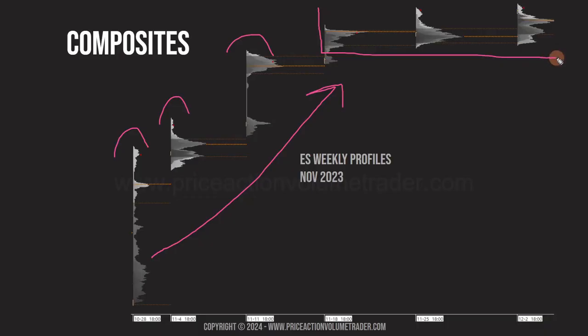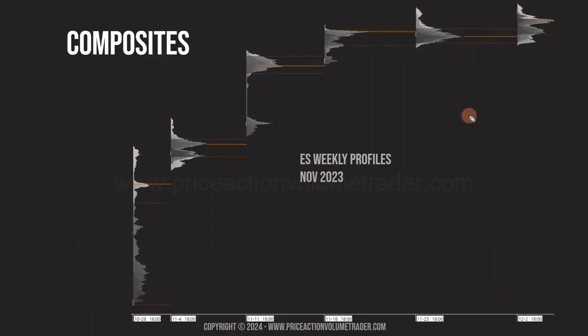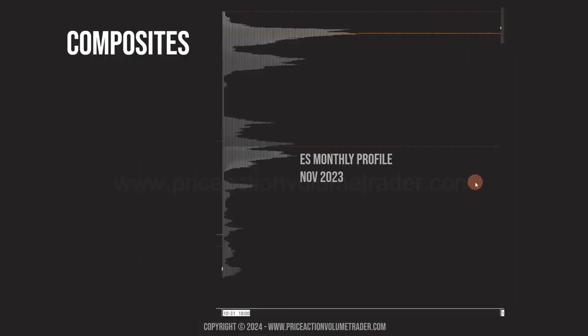Then up here we now have a 3-week consolidation, pretty much sideways, with these composites. The point of doing the composites is to identify when price is either breaking out or finding an imbalance outside of value, or when we're accepting back into a previous value area.